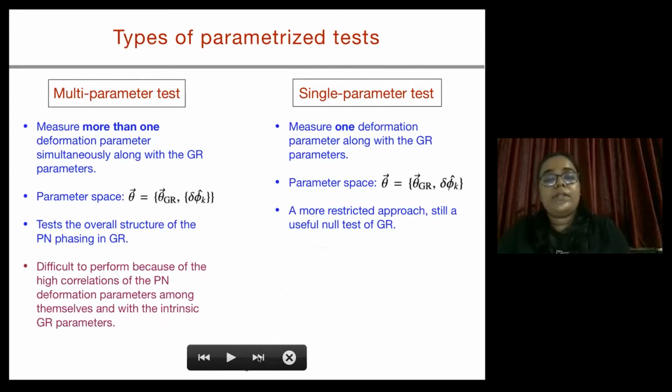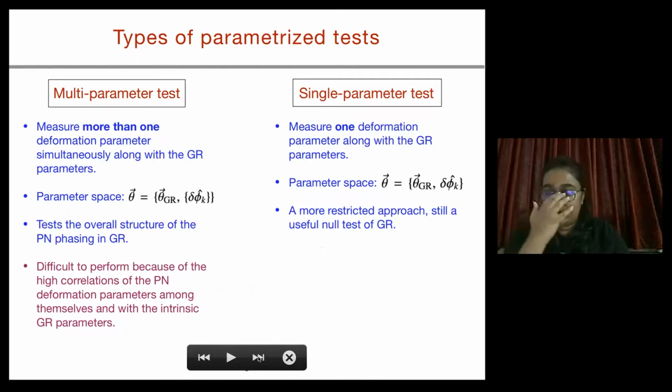Now that we have gone through a bit on parameterized tests, there could be two classes depending on how many parameters you are keeping free. In the most general way, you would like to simultaneously test all these parameters, because like I said earlier, it's only natural to expect that deformations may occur at multiple PN orders depending on the physical interaction involved.